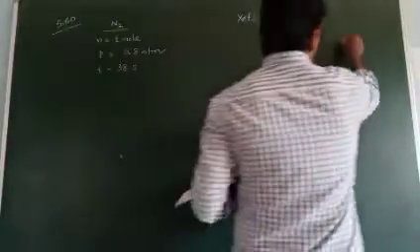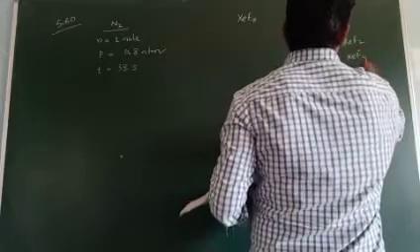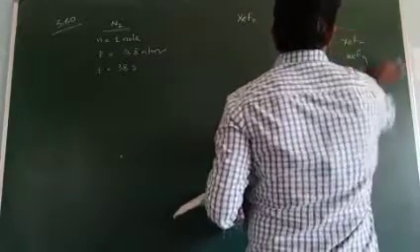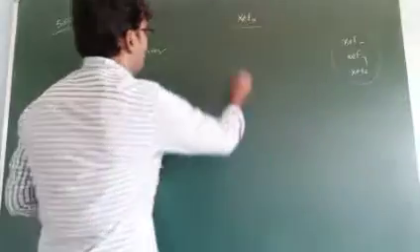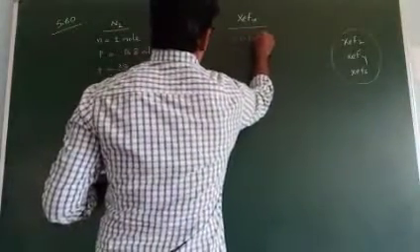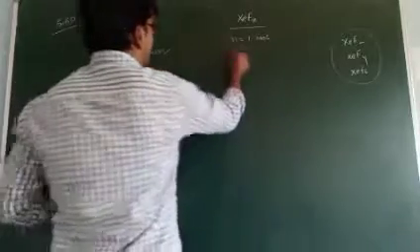Because xenon can form XeF2, XeF4 and XeF6. But here it is not mentioned, only a fluoride of xenon is given. Here also 1 mole, and the pressure is 1.6.